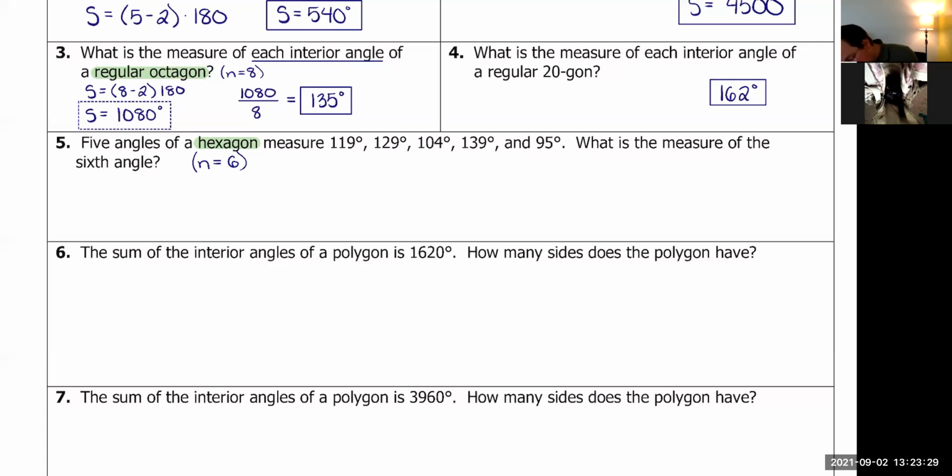Well, to know that, we need to know 2 things. First off, let's focus on the information we're provided. How many degrees do we have out of 5 of the 6 angles thus far? We need the 6th, but I need to know that total first.